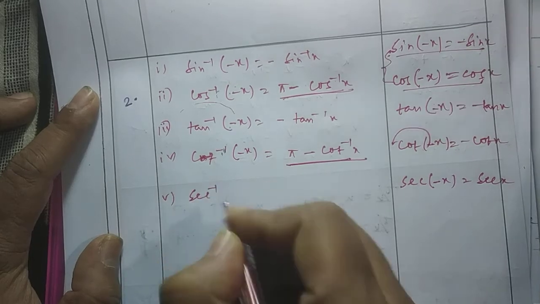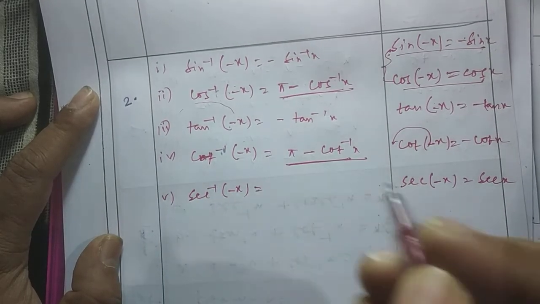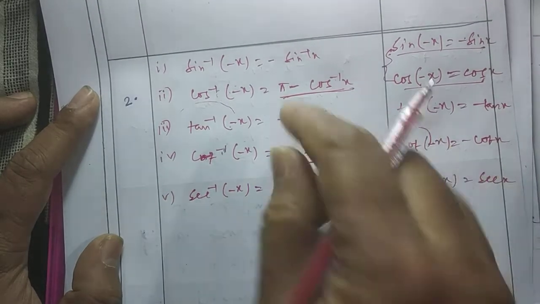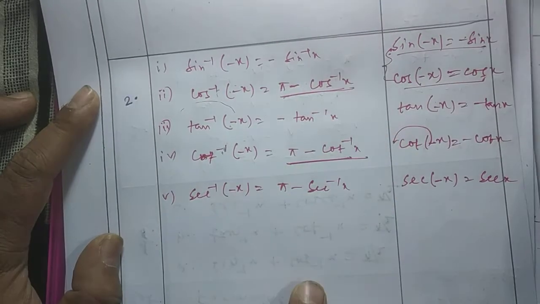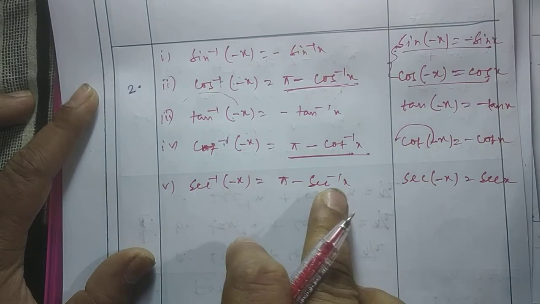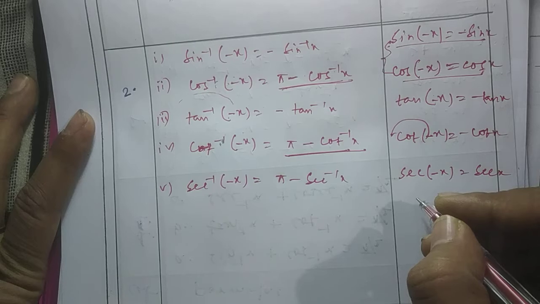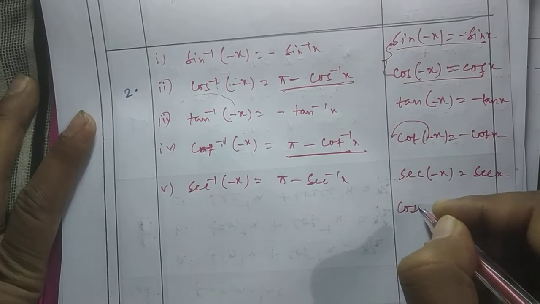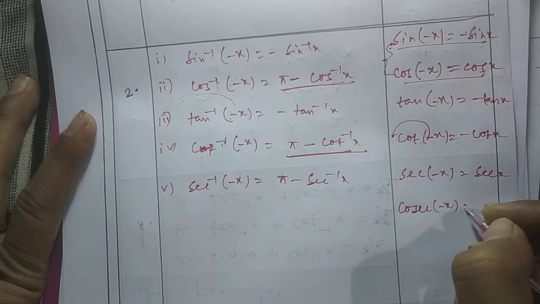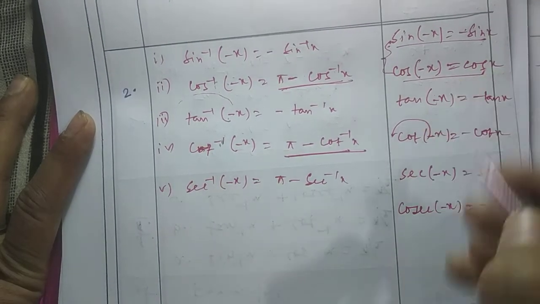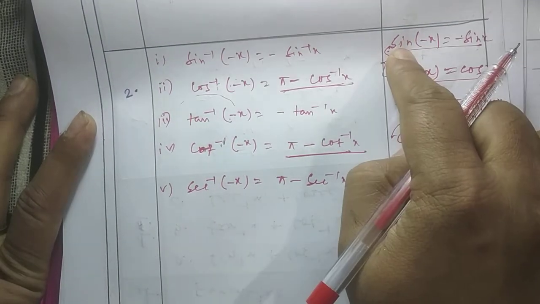Sec inverse of minus x will be pi minus sec inverse x, like cos. So don't be confused between these two. And finally, we had cosec of minus x equal to minus cosec x, because cosec is the reciprocal of sine.